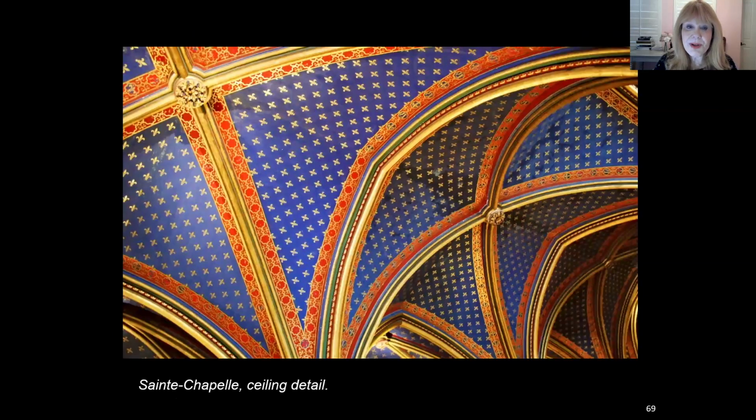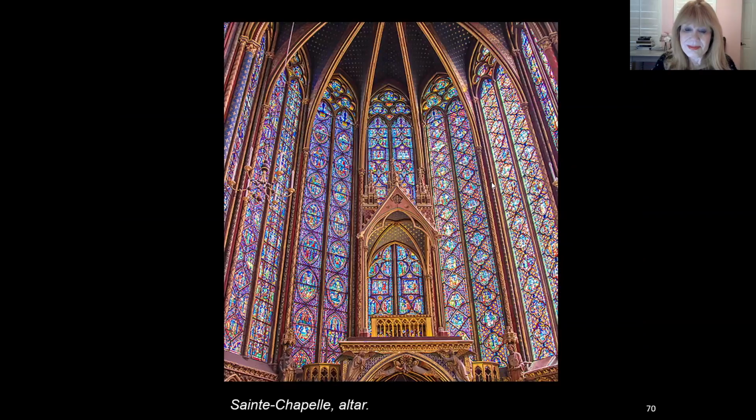And here's a close-up of the painting and other decorative elements within the ribbed vaults, and gold leaf that has been put onto the ribs to make it even more glorious. And then some more of the stained glass. And even on the inside, this canopy mimics the ceiling of the cathedral.